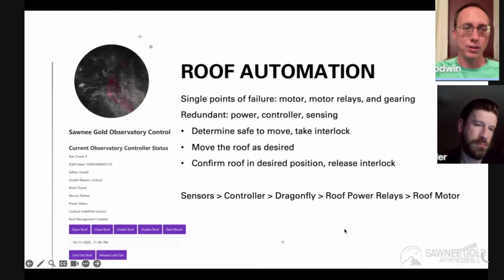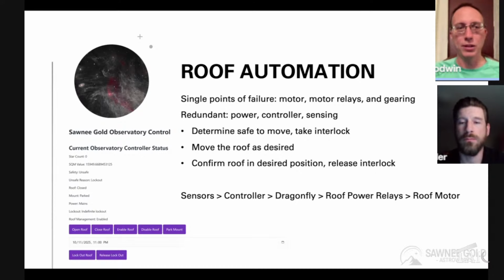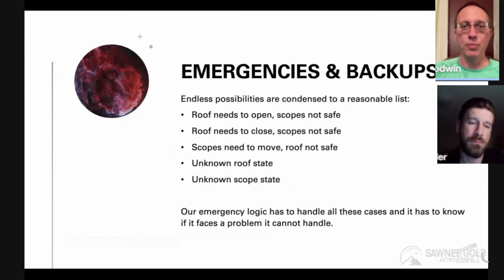It allows you to enable or disable the roof, close or open it manually, park the mounts, and release lockout or lock it out manually. You can control remotely everything you could do if you were sitting there next to it. It gives you a summary of the data, controls everything, and sends alerts if anything is unhealthy.